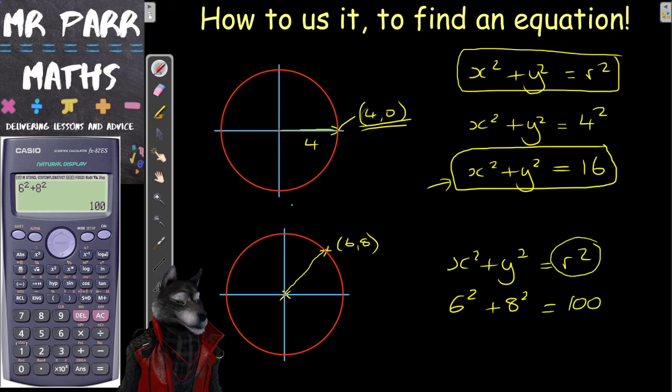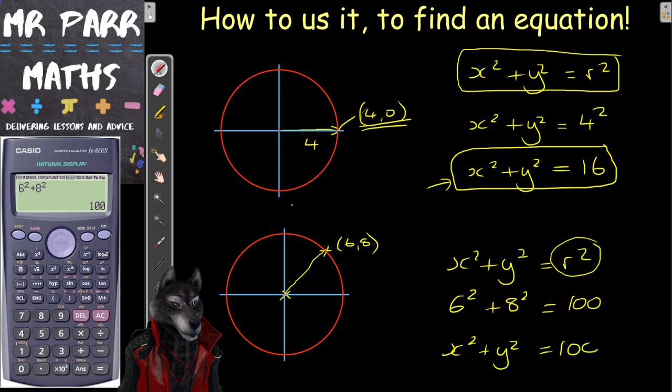I don't even need to square root it, because we know x squared plus y squared equals r squared. So my equation is x squared plus y squared equals 100. And I've got the equation of my graph. Done. As easy as that. And you could have done that with this. You could have done 4 squared plus 0 squared gets 16, as I said before.